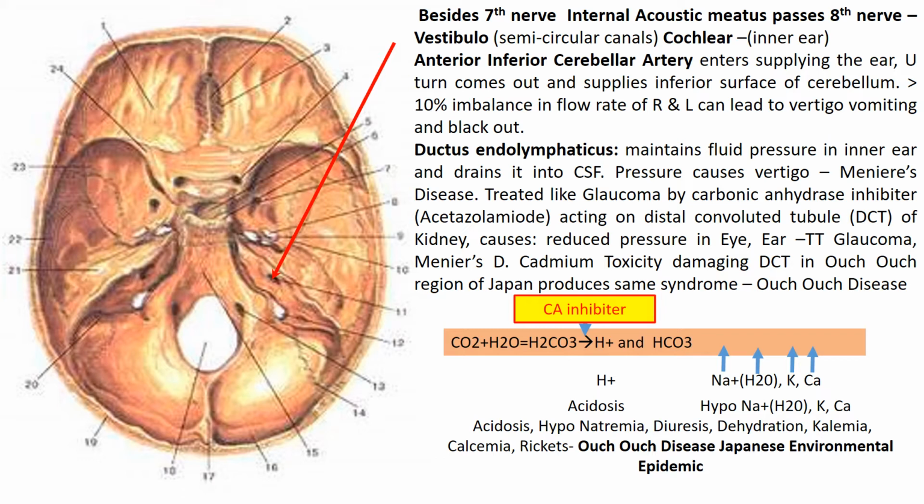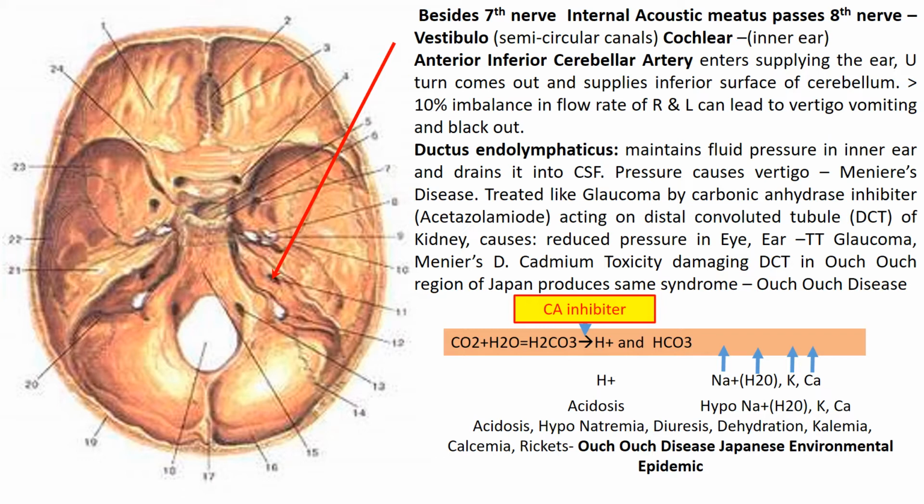The cochlear component supplies the inner ear and is responsible for sound. Then there is the anterior inferior cerebellar artery which enters the internal acoustic meatus and makes a U, supplies the cochlea, makes a U-turn, comes out and supplies the inferior surface of the cerebellum.